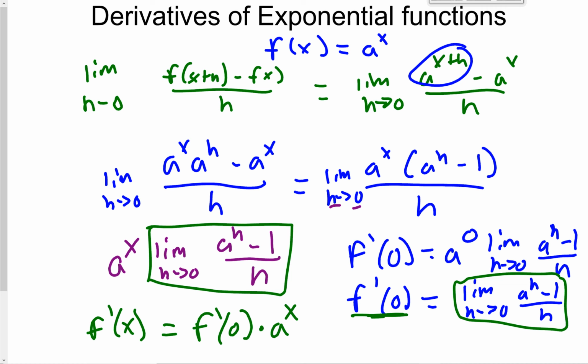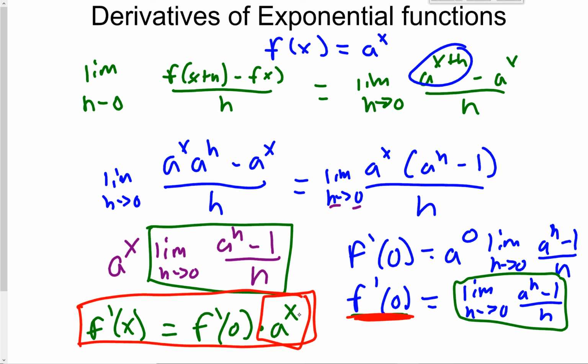So what this tells us is two things. One, the derivative at 0 exists, and it's also differentiable. I can find the derivative anywhere of my function. Notice the derivative of my function contains my function and then just times whatever the derivative at 0 is.